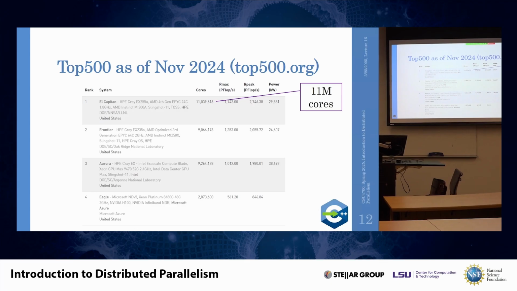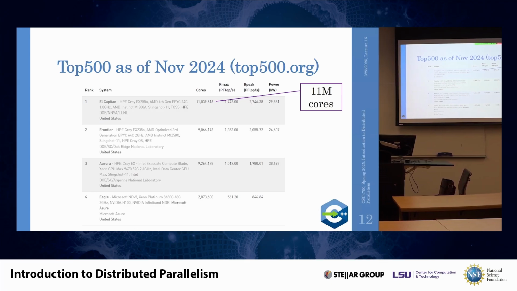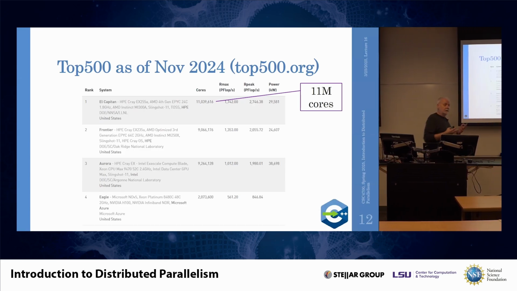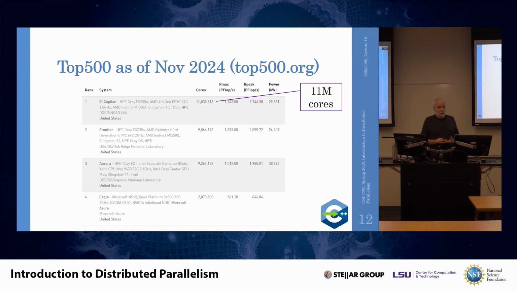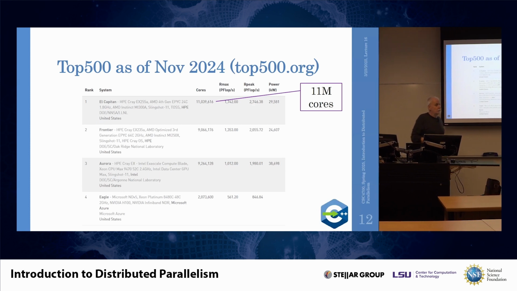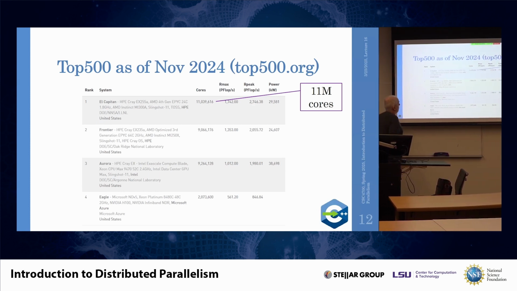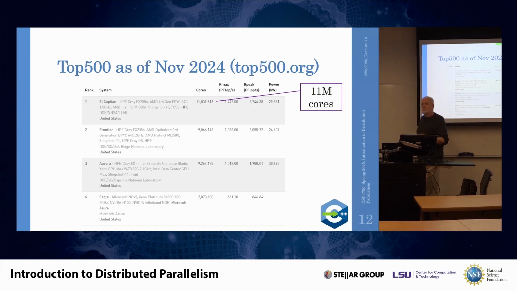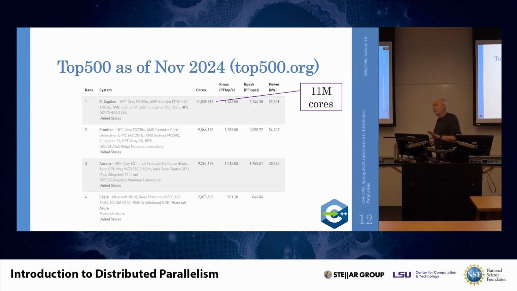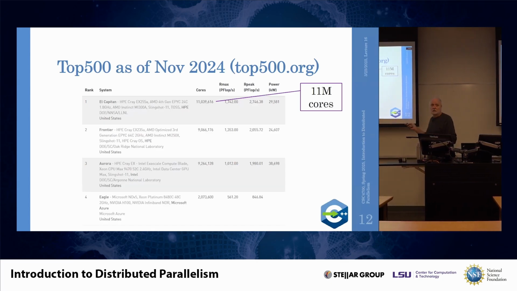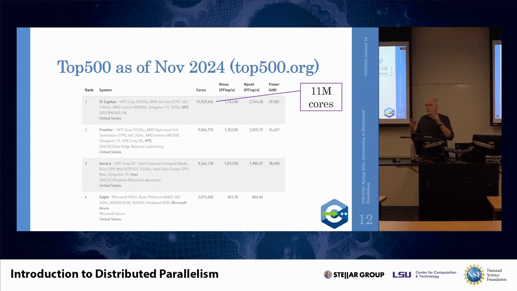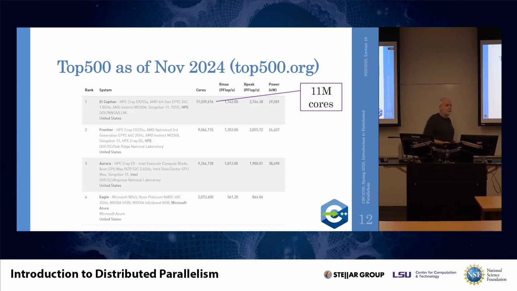It has 11 million cores, about 1 million CPU cores and about 10 million GPU cores. Energy requirements, 30 gigawatts. So they definitely have a nuclear power plant next to it in order to power that thing. And by the way, of the 30 gigawatts, half is used to heat it up, and the other half is used to cool it down so that the damn thing doesn't melt.